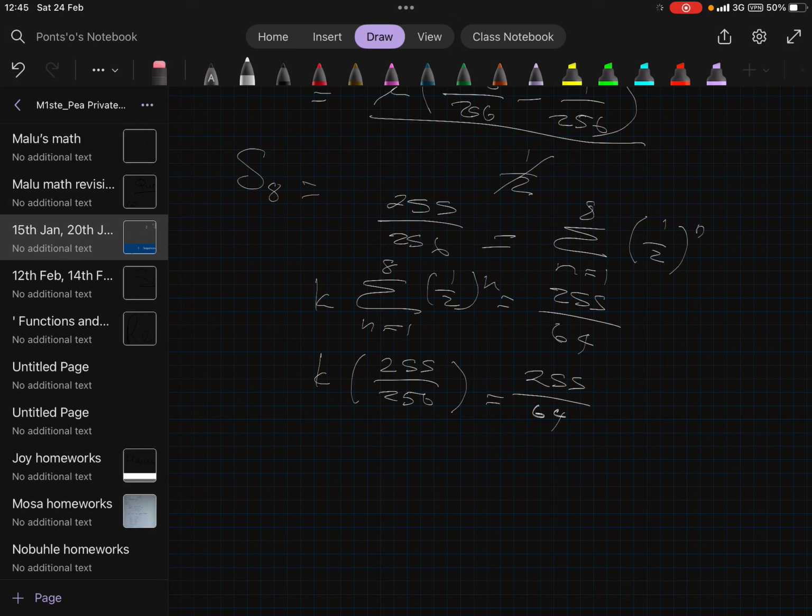That equals 255 over 64, and then k becomes 256 divided by 64, which is 4.